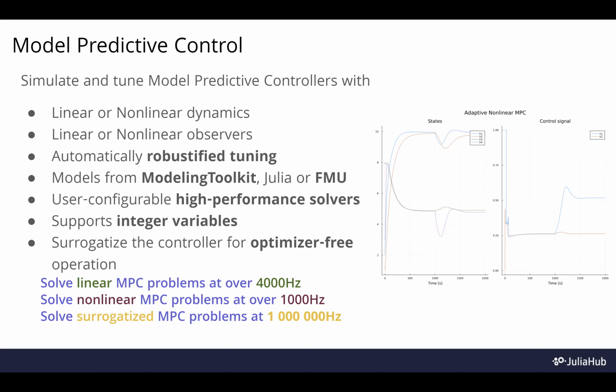You can then take this model and either linearize it about some operating point, in which case you'll get a linear model, or you could just use the nonlinear model directly in your model predictive controller. Of course, whether you choose a linear or nonlinear model affects the performance of the controller, and we'll get into that as well.